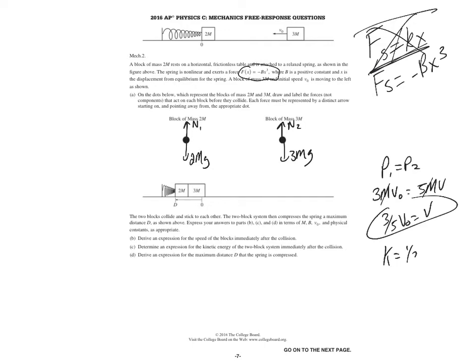Kinetic energy is equal to 1/2 mv squared. So kinetic energy is going to be equal to 1/2 times 5m times (3/5 v) squared, which is a little bit hairy. But if you just bring everything over and make everything work with the fractions, it ends up being 9/10 m v naught squared.